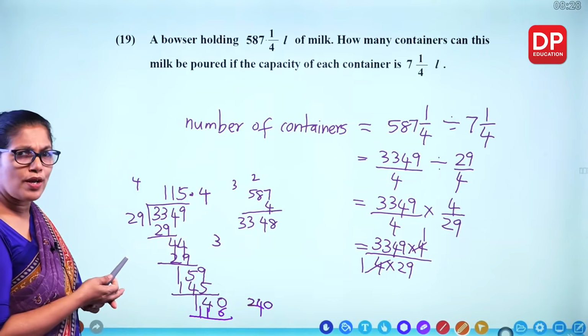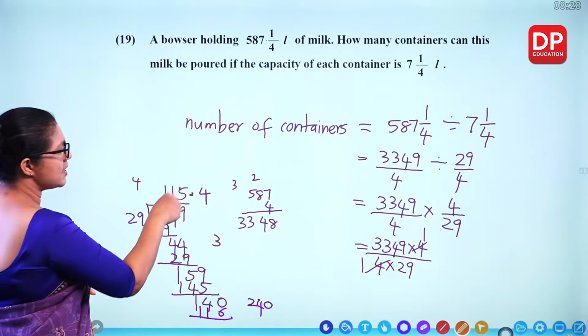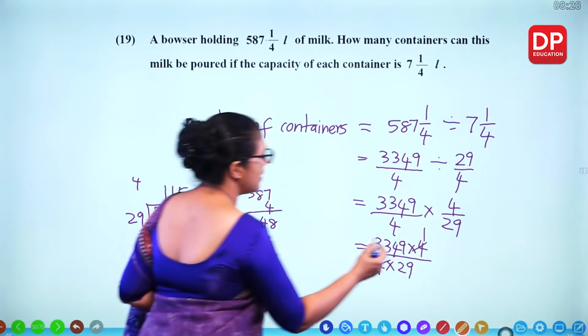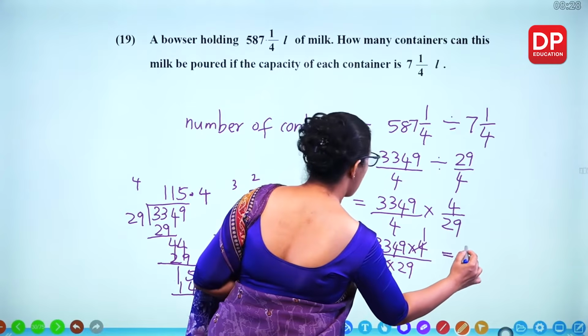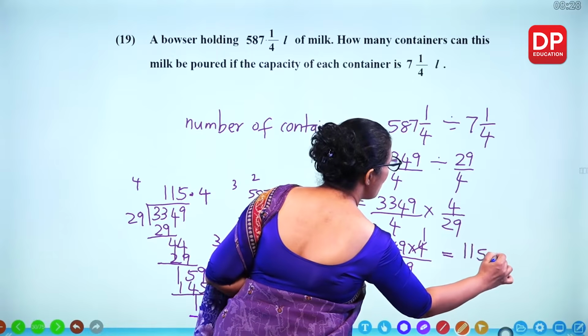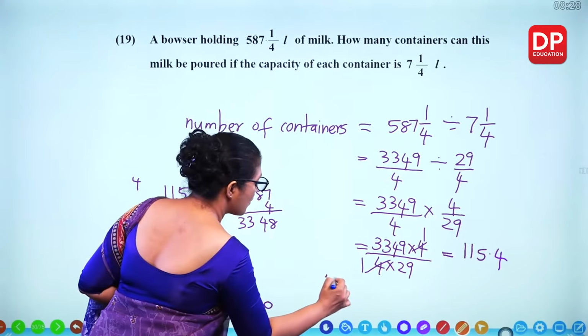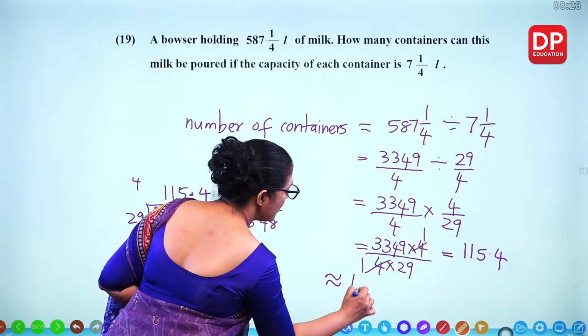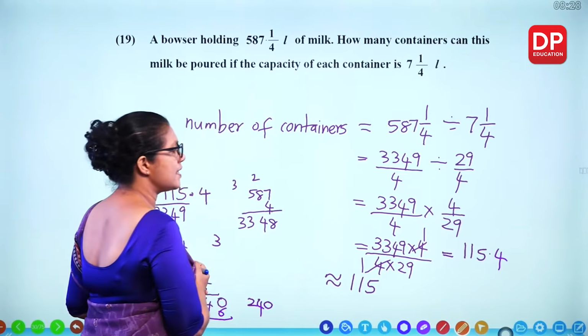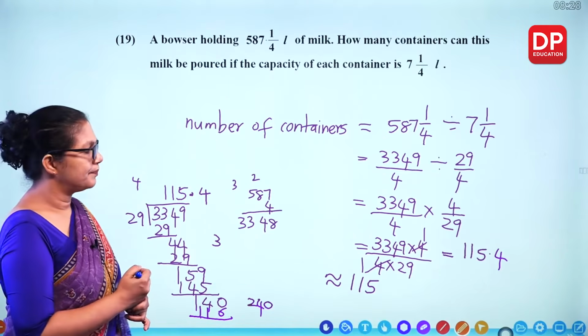It should be a whole number. So how many containers can you get? So this answer is 115.4, but this is the number of containers. So 115 containers you can fill.